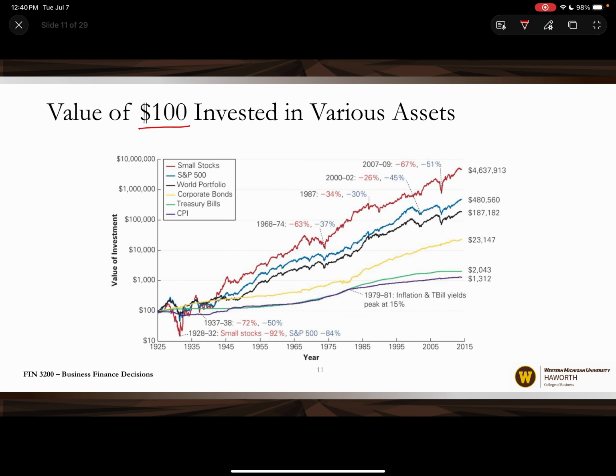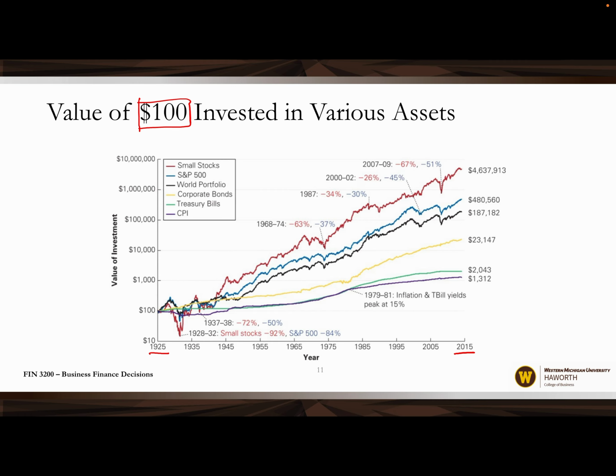So we're looking at a 1925 to 2015 period, and the idea is if you put $100 into small stocks, that's a portfolio of small stocks, S&P 500, world equity portfolio, corporate bond portfolio, US Treasury bills, and CPI is just a measure of inflation, so we'll just ignore that. But if you put $100 in there and just left it, probably you're reinvesting dividends, I'm assuming, this is what your balances will be after 90 years based on actual data.